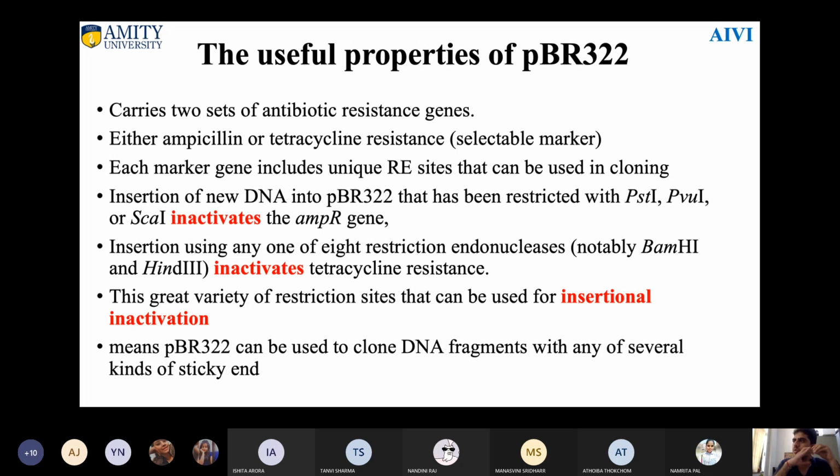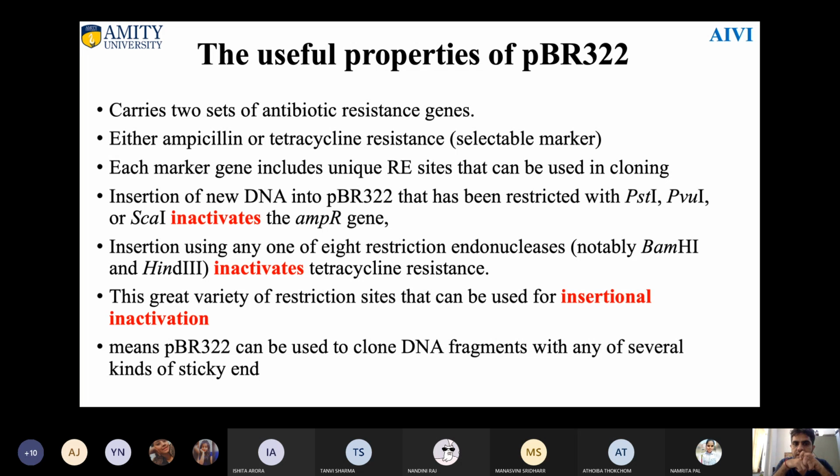There is a lactam group in some of these antibiotics, and these genes code for enzymes that act on them. If the enzyme is present within the cell, then that cell has the ability to degrade these antibiotics. So this is an important property of this vector, that pBR322 has ampicillin and tetracycline resistance genes in it.